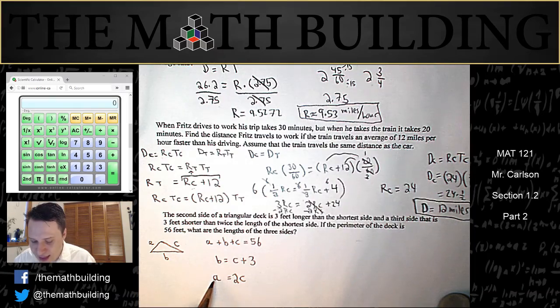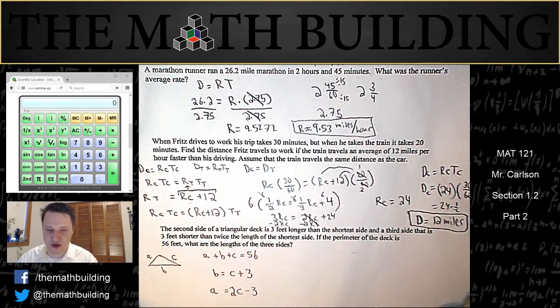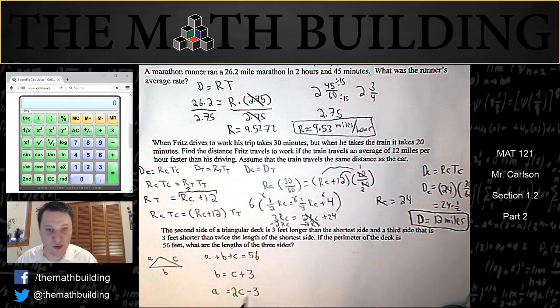But then it says that A is actually 3 feet shorter than this. So in fact, A is smaller than this amount. Can you think about what you would do? If A is smaller, this is the weaker side, so we either need to add 3 here or subtract 3 on this side. So our third equation is A equals 2C minus 3, because A is 3 feet shorter than twice the length of the shortest side, so 2C minus 3.